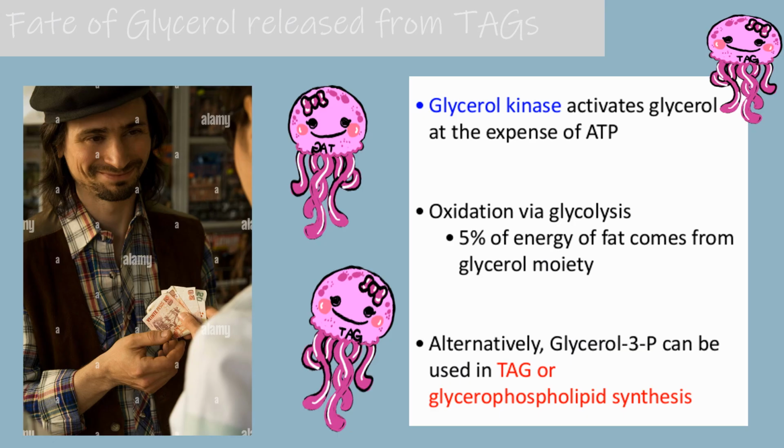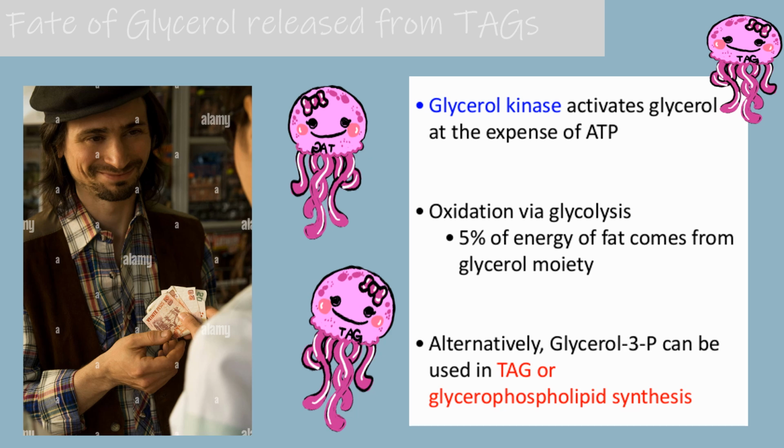And from here we have the fate of glycerol release from TAG. On our left, we can think of glycerol kinase activating glycerol at the expense of ATP. So basically, we have a little funny image of money representing the expense. And then the oxidation is via glycolysis, which is 5% of the energy of fat that comes from the glycerol moiety.